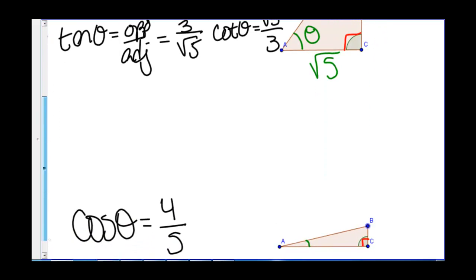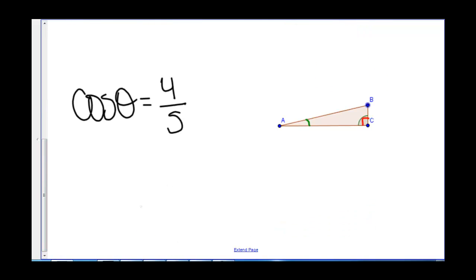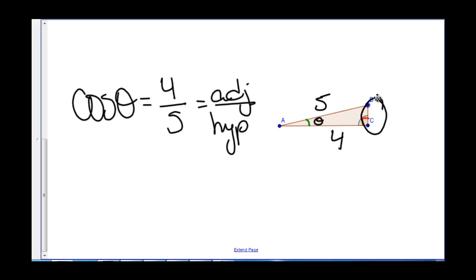Let's try another example. Let's say that we are given that cosine of theta is 4 over 5. So if this is my angle theta, that means that the adjacent side is 4 and the hypotenuse is 5. So we don't know this side here. But what do we know that will help us figure that out?